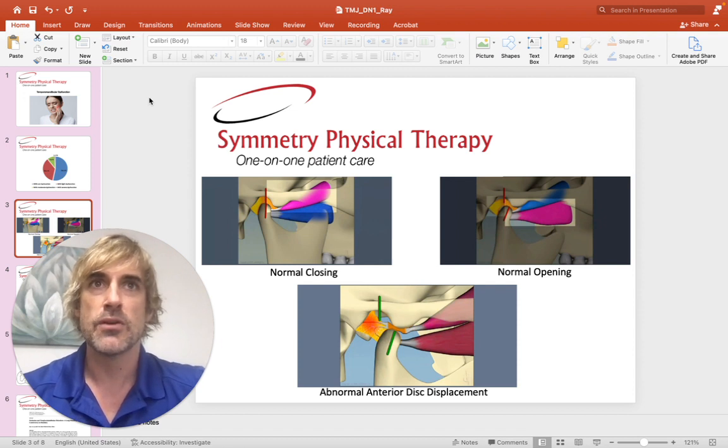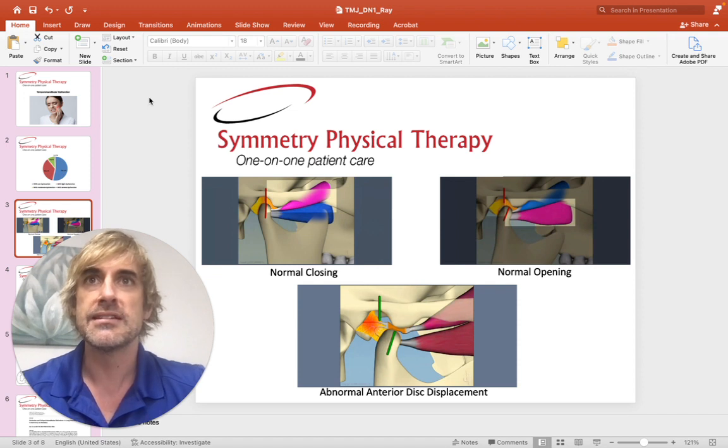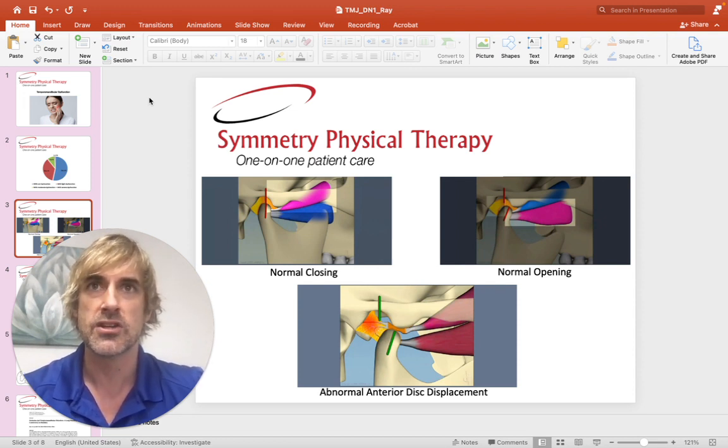When you have degeneration or trauma or wear and tear of the joint, it typically occurs in the posterior aspect of the capsule itself, which is attached to the back end of the disc. This degeneration allows the articulating disc to slip forward from where it should be, rendering the superior head of the lateral pterygoid ineffective to track its position.